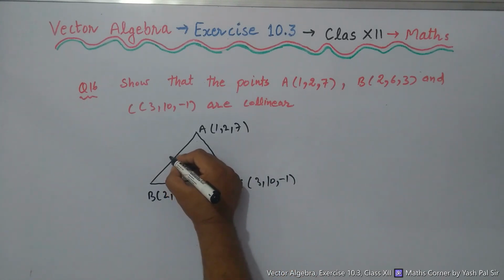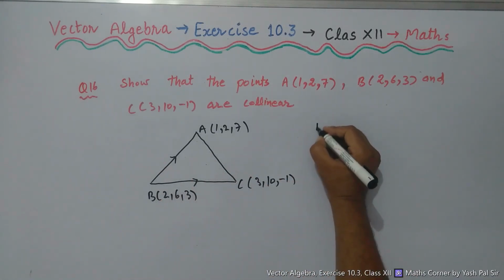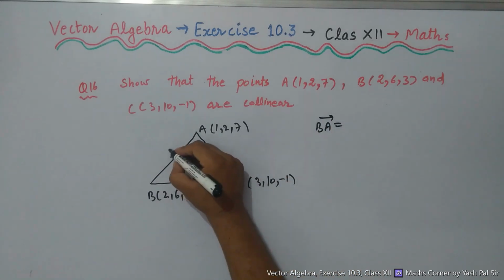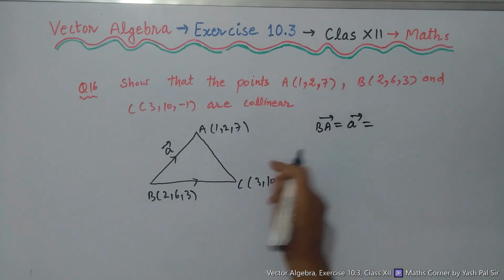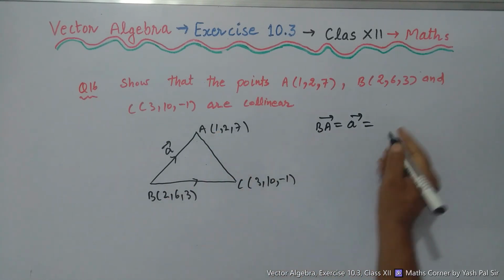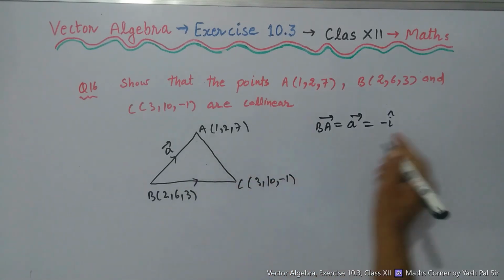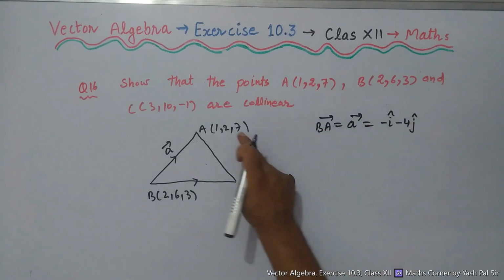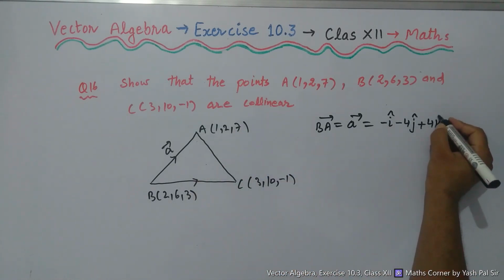So let the angle be between BA and BC. First of all, what is vector BA? In short, we write this as vector A, which is equal to (1 minus 2) i plus (2 minus 6) j plus (7 minus 3) k, that is minus i minus 4j plus 4k.